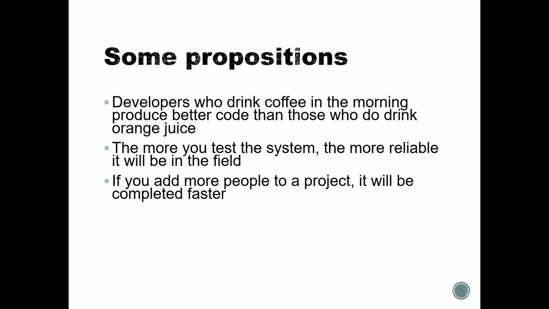Finally, of course, whether developers who drink coffee in the morning produce better code than those who drink orange juice is something that requires measuring. So who drinks coffee, who drinks orange juice, and at some point you might also want to consider that the quality of code is usually related to the experience and capabilities of that person.